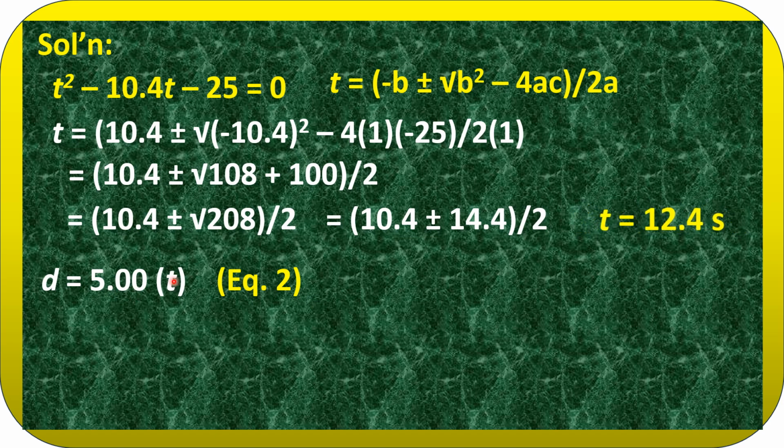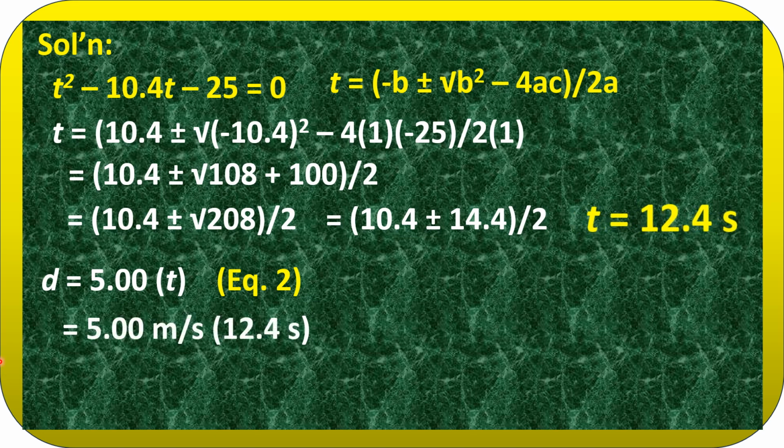We just multiply the calculated time, 12.4 seconds, and the speed of the bus, 5.00 meters per second. Substituting, we get 5.00 meters per second times 12.4 seconds, and we get the distance d equal to 62 meters.